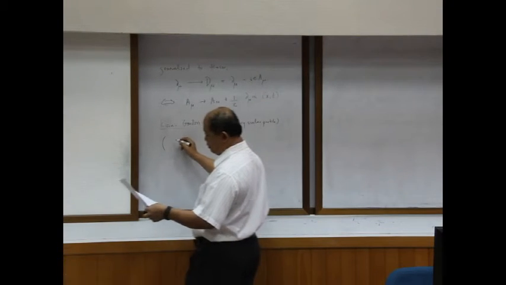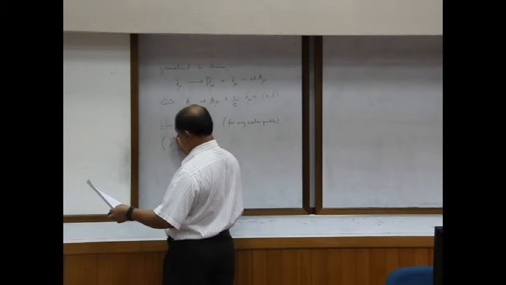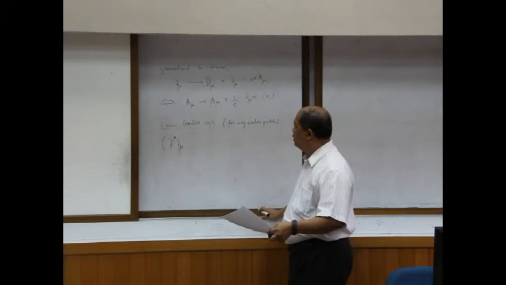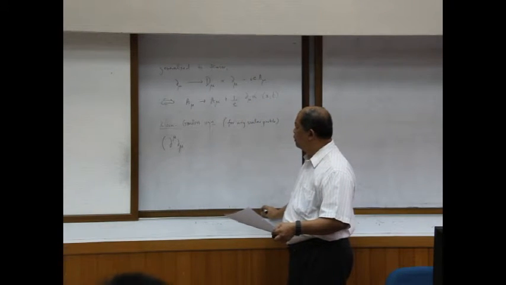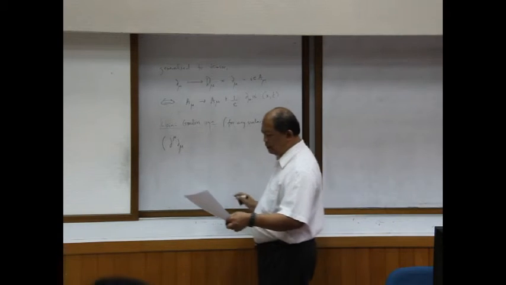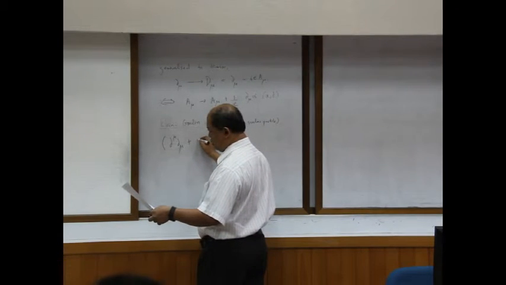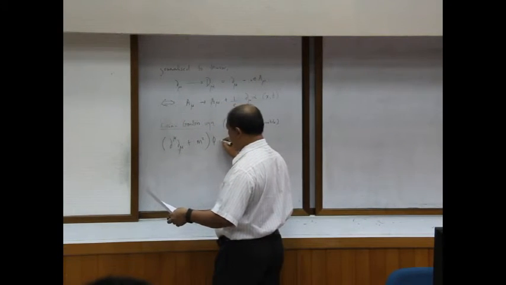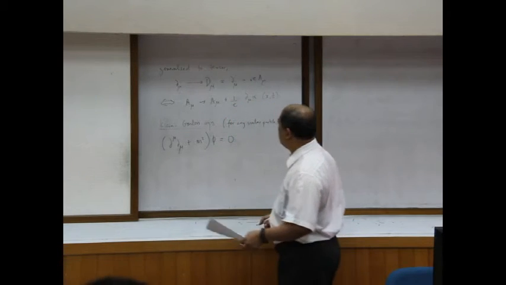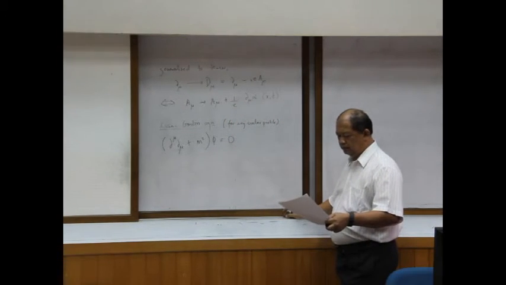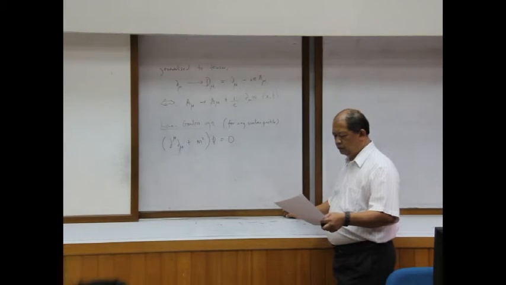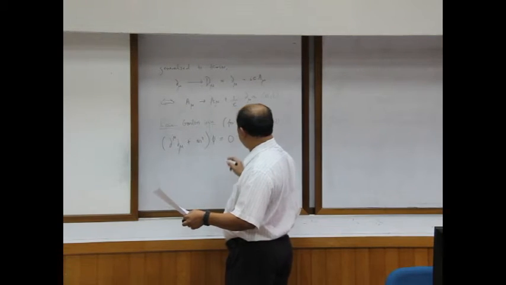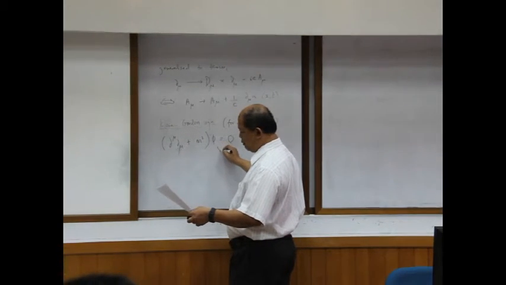It has the covariant and the contravariant components of the differential, plus a mass squared, acting on the wave function psi is 0. So this is called the Klein-Gordon equation, and this wave function is for a scalar particle.